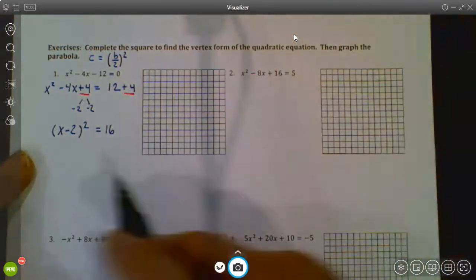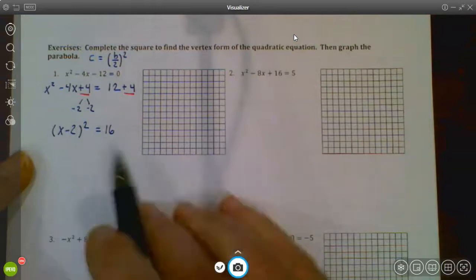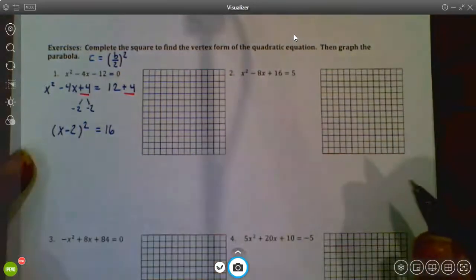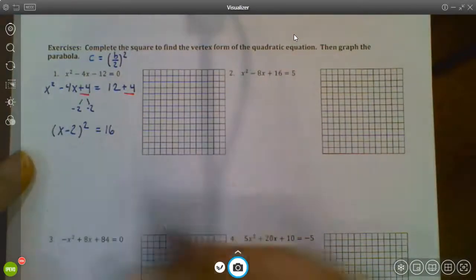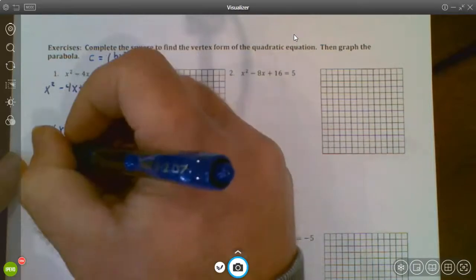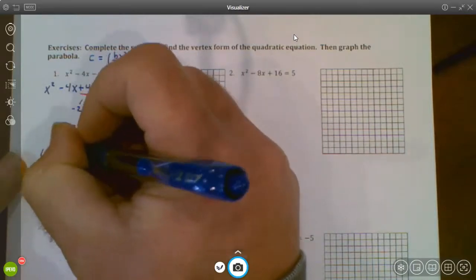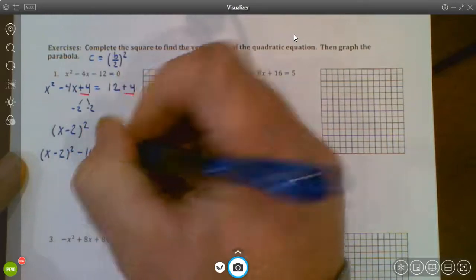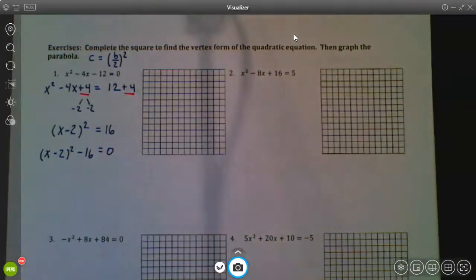But remember, in order to be in vertex form, I really need all this information on one side of the equation. So I'm going to subtract 16 back over to this side of the equation. There we go. So now it's in vertex form.